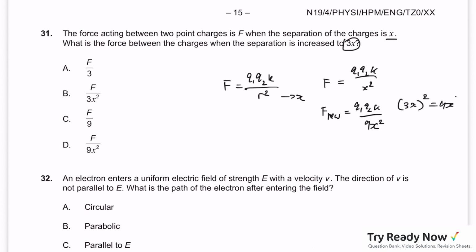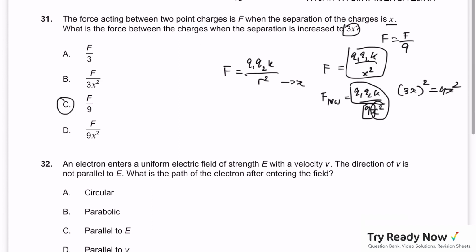So if you compare the two terms, what's different is that we have included this 9 now on the term. The rest is the exact same. So new force is basically just the old force divided by 9. And that gives us answer of C.